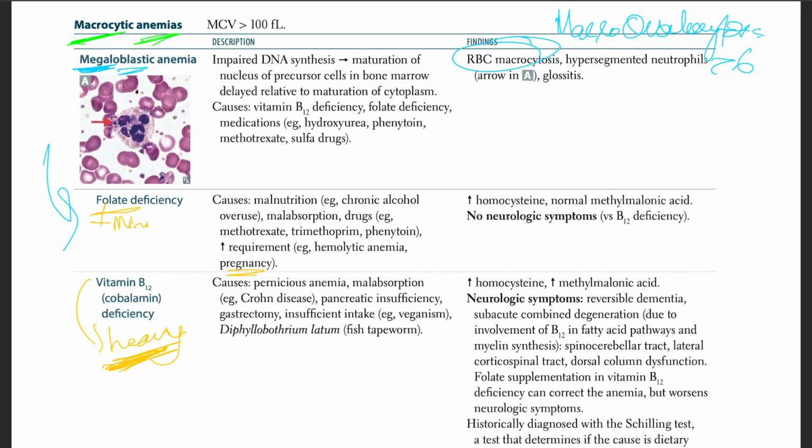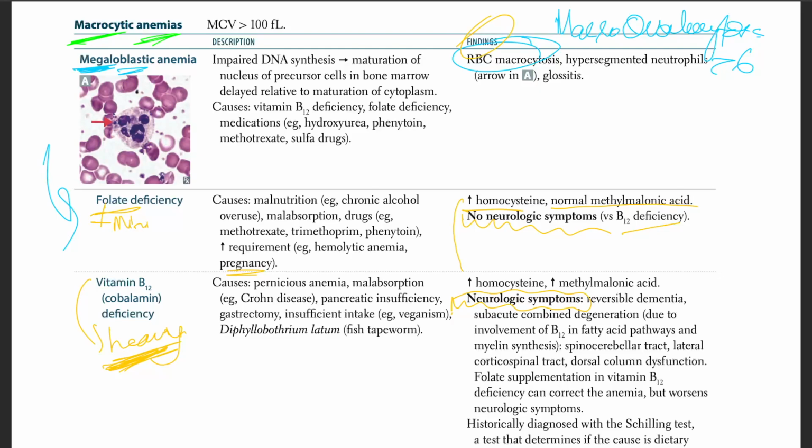Okay, so let's talk about the labs or findings. What do we have? We have an increase in homocysteine levels, normal methylmalonic acid levels, no neurological symptoms, versus vitamin B12, which has neurological symptoms. Again, what's the differentiating feature between these two?